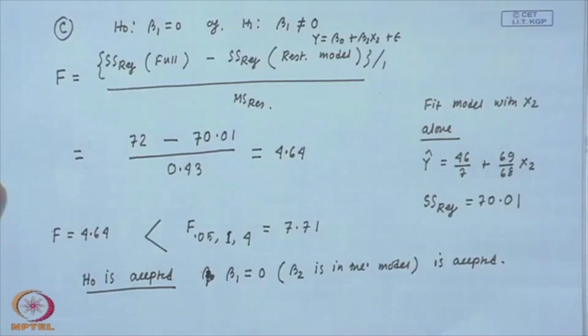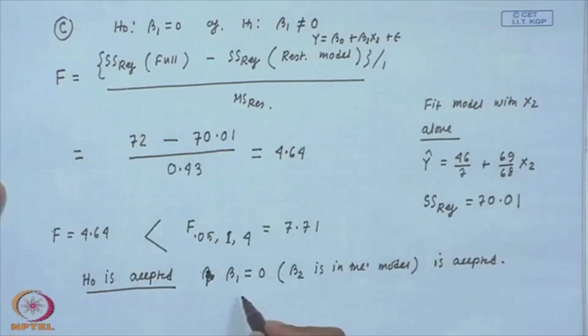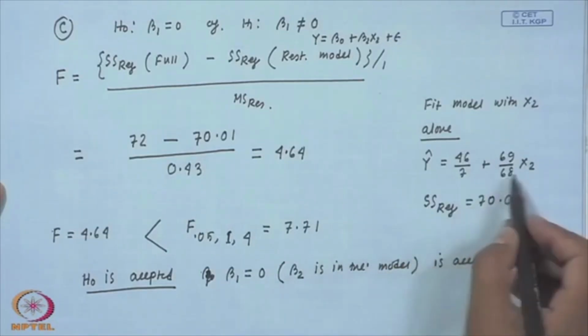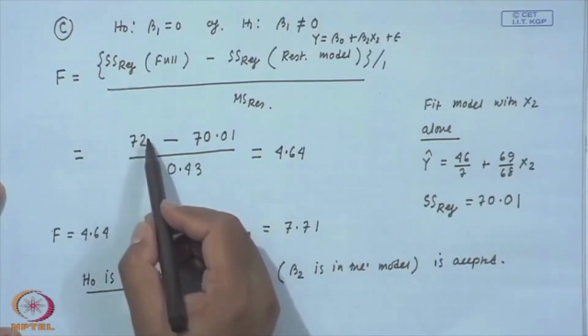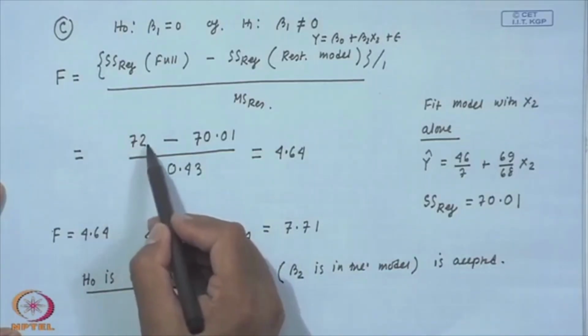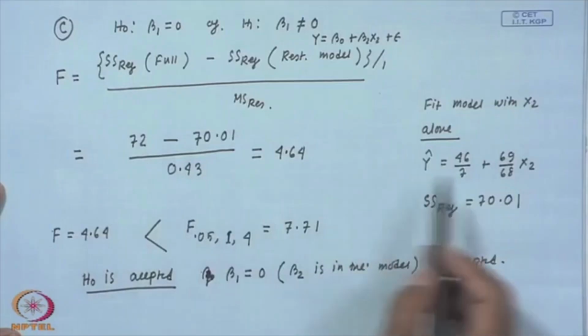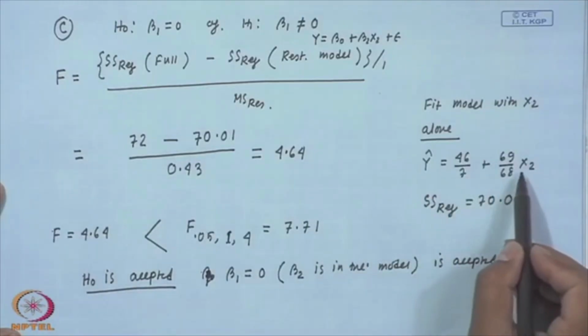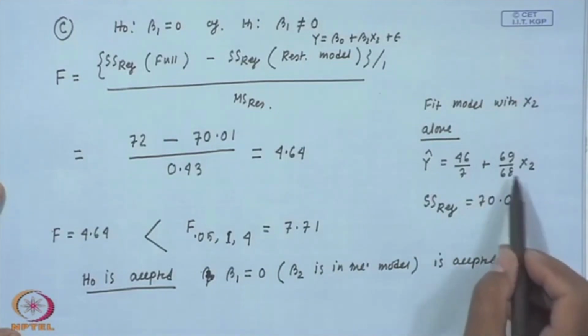So, the implication of this one is that if x 2 is there in the model, we do not need x 1, because you can see that for the full model SS regression is 72 and for the model involving only x 2 it is 70. So, which is almost like the full model, right.